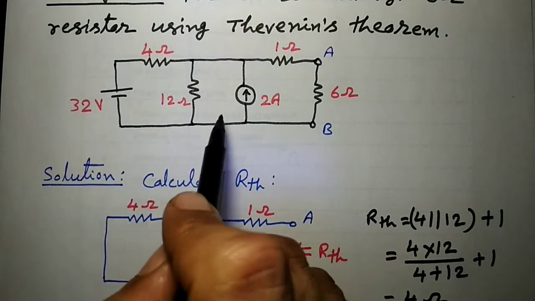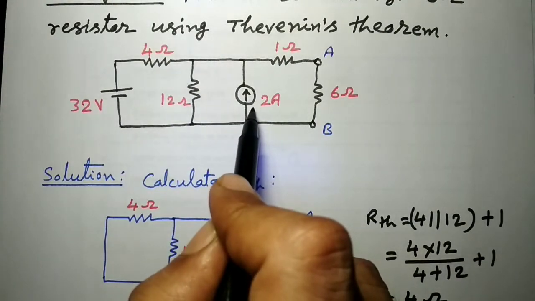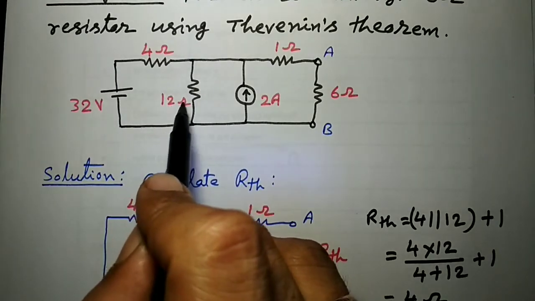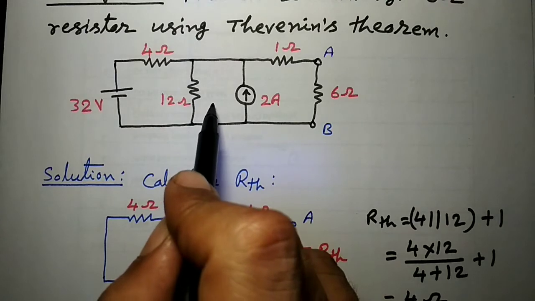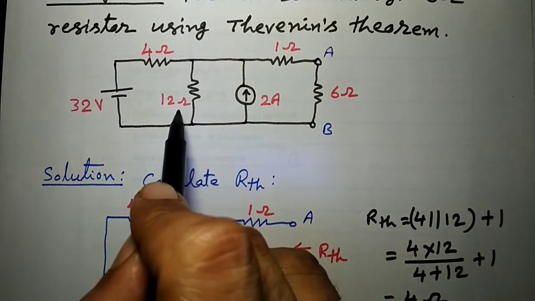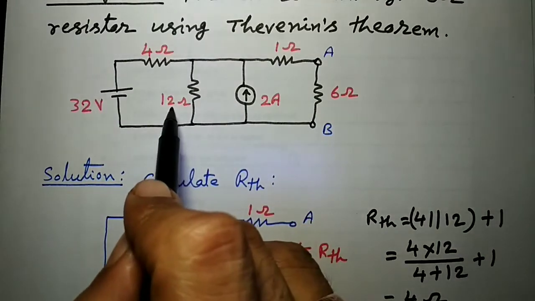Therefore, when we convert this current source along with this 12 ohm resistance, the 12 ohm will be connected in series with the voltage source, and the value of the voltage source will be V is equal to I into R, that means 2 into 12, 24.